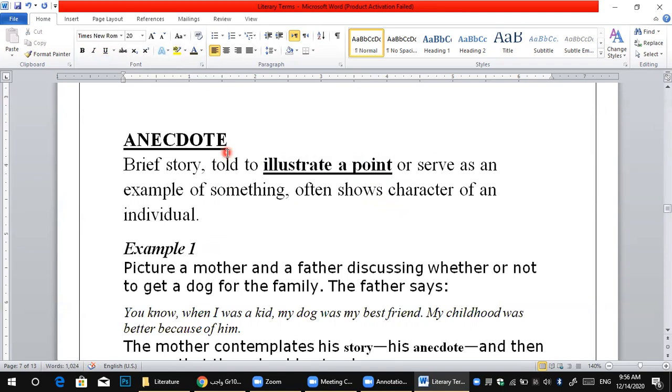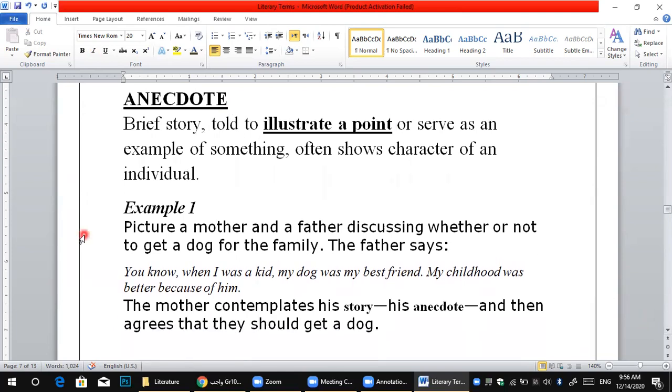Again, Mister, we don't understand. Okay, for example, picture a mother and a father discussing whether or not to get a dog for the family. The father says, you know, when I was a kid, my dog was my best friend. My childhood was better because of him.